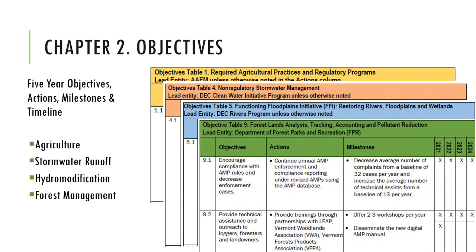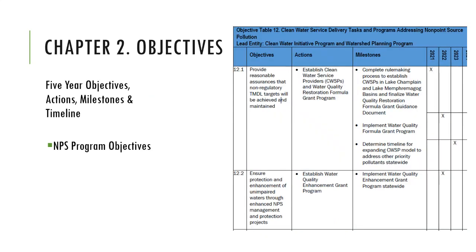And in addition, we have forest management, making sure that our forestry practices are in line with the best management that we can do. And then the final objective is to improve our Nonpoint Source Management Program over time.